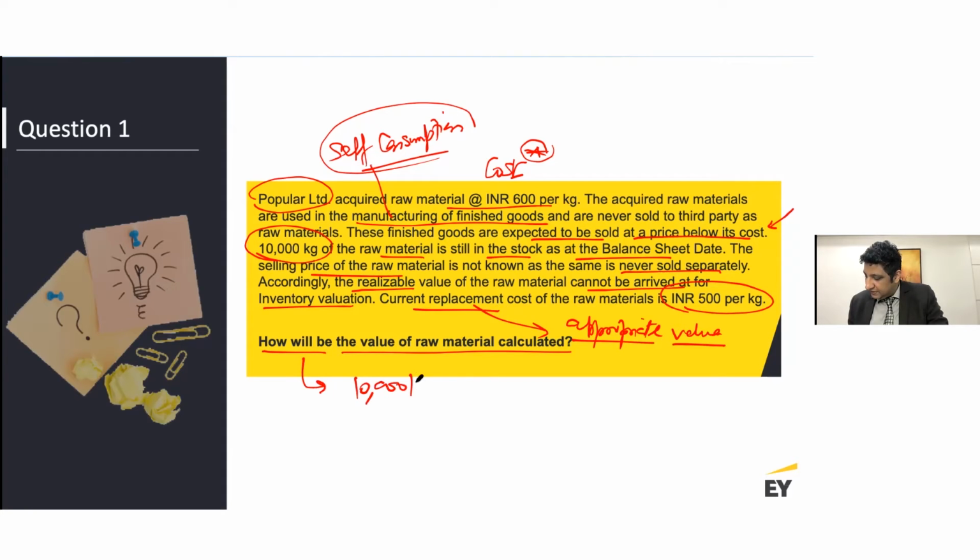So what we are trying to say is that the inventory of raw material needs to be measured. If we have 10,000 kgs, we multiply that with 500 rupees, which means 50 lakh rupees is the value of the inventory as far as my books are concerned, right?